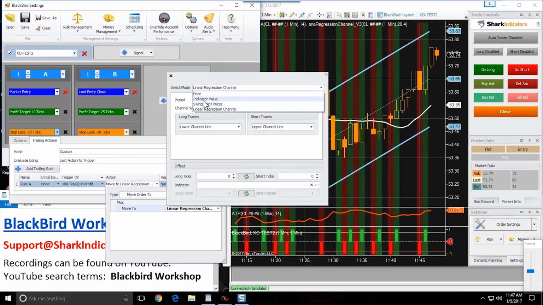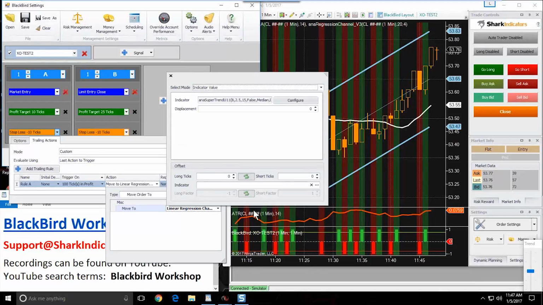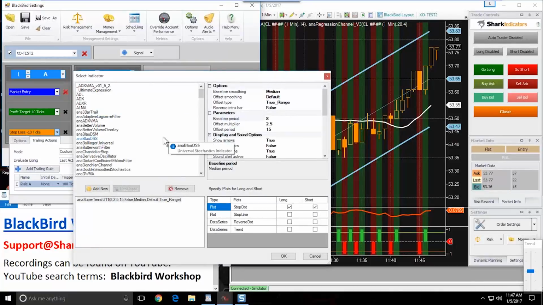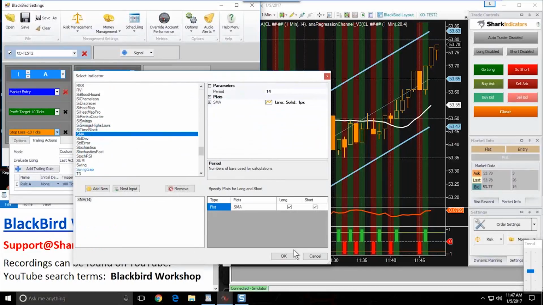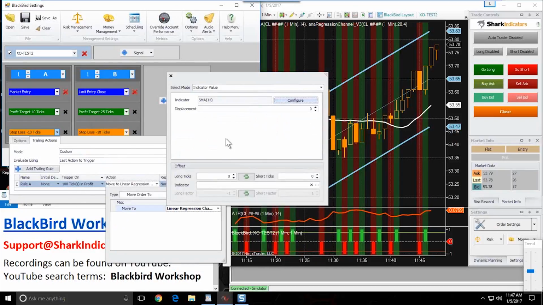So, let me cover the offset section down here. Just a sec, let me set an indicator back up here.